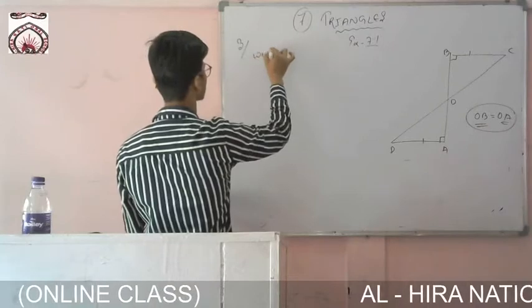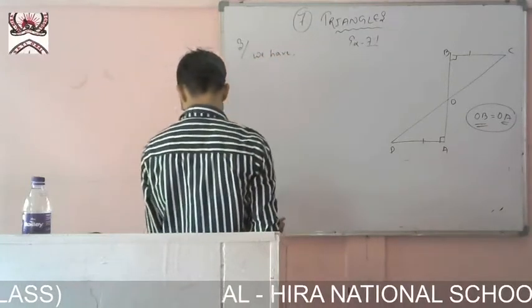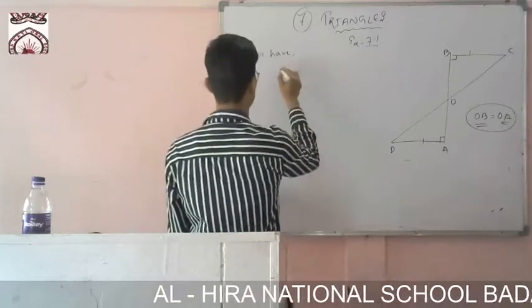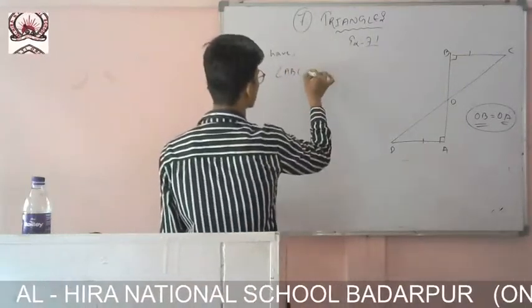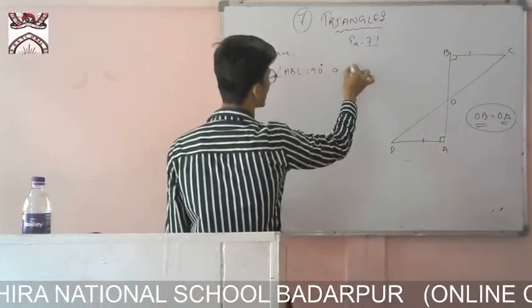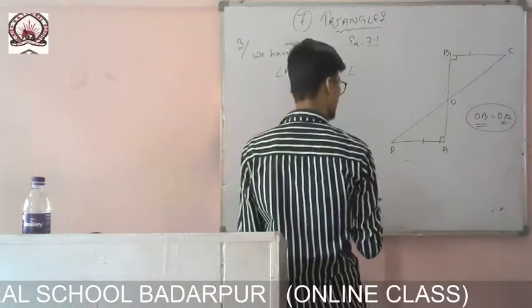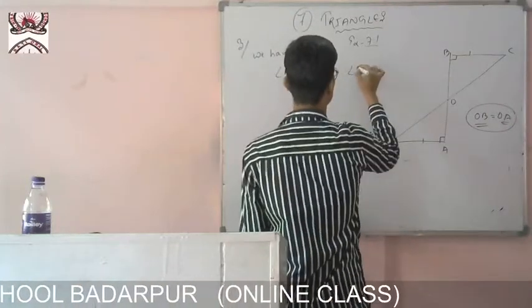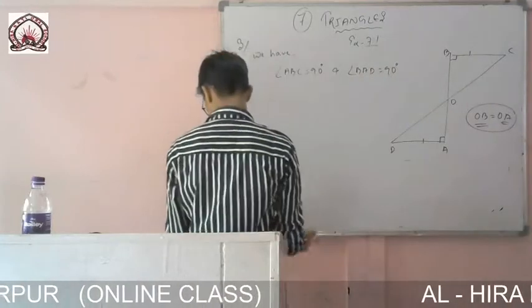Question number 3. We have angle ABC given as 90 degrees, since perpendicular means angle ABC is 90 degrees, and angle BAD is also 90 degrees. These two angles are 90 degrees.